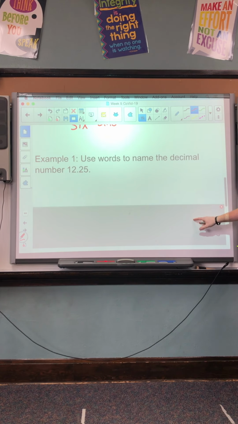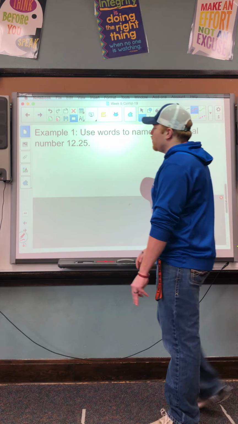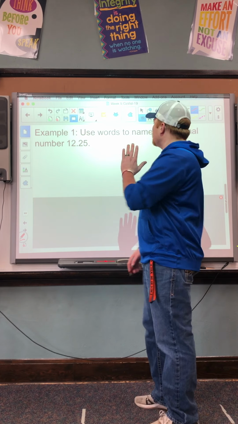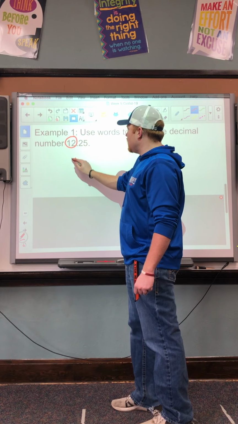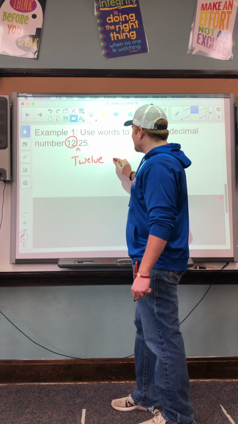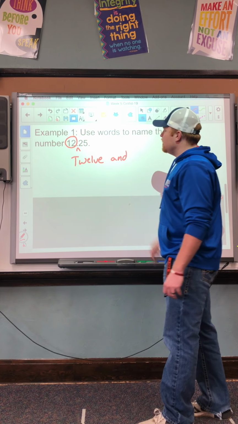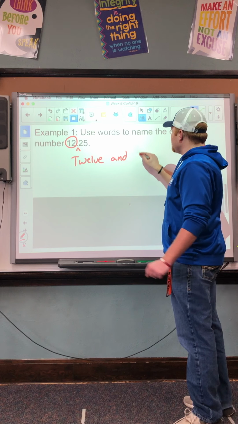So that's technically example 1, but example 1: use words to name the decimal number 12.25. Again, everything to the left, the whole number part, is 12. The decimal point we say in word form is "and," and then everything to the right, the number, which is 25.